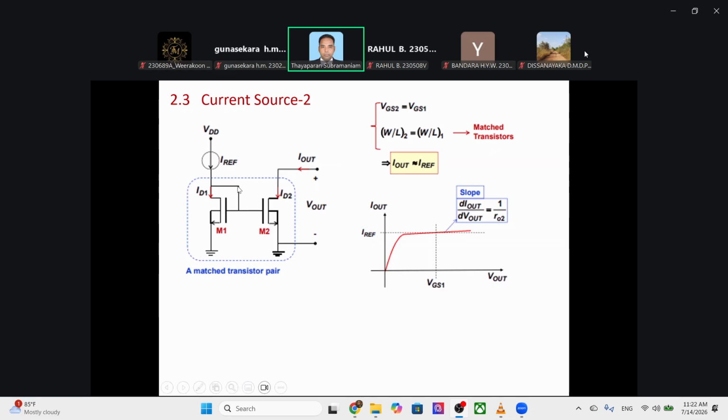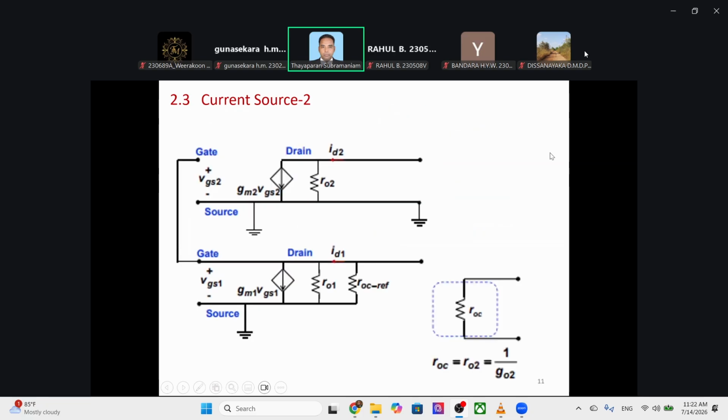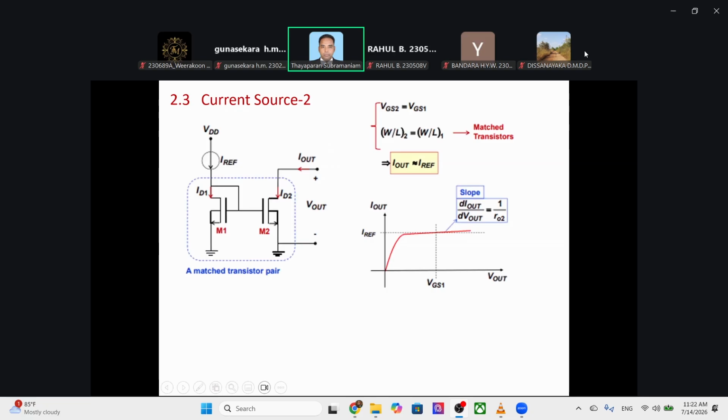Matching transistors. But this current source also has some difficulty. You can see, to have the matching transistor, we had to meet W/L2 equal to W/L1, so the ratio has to be matched. Now, what is I out over dV out?